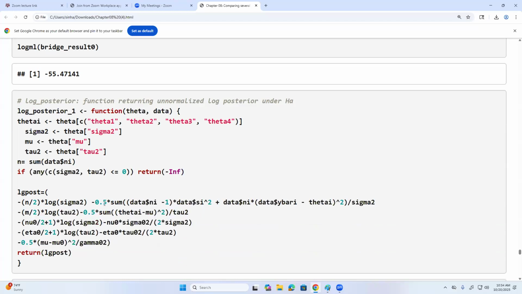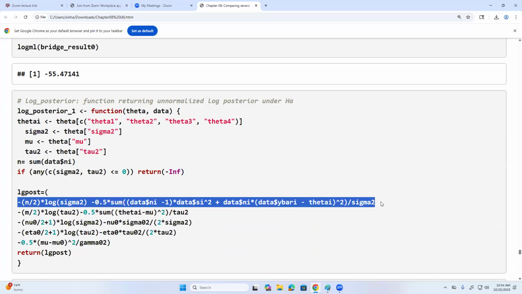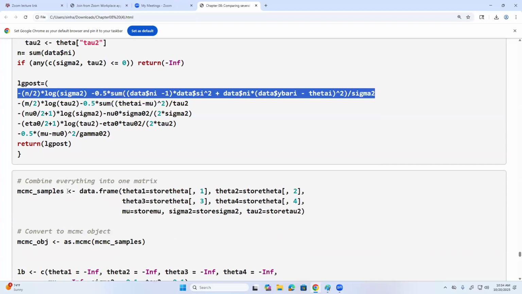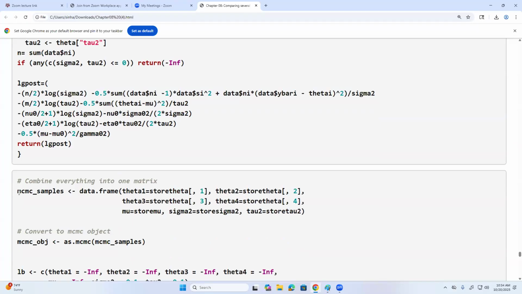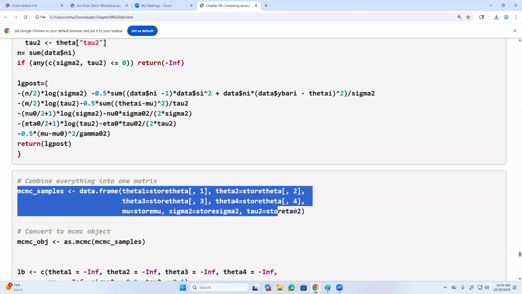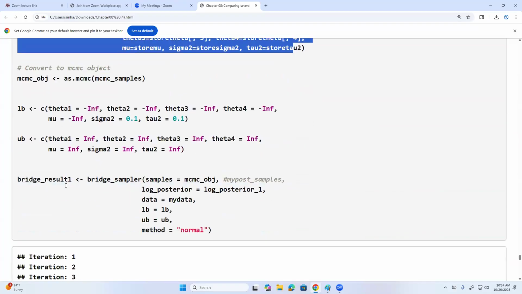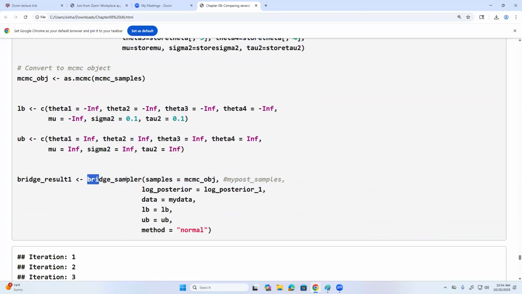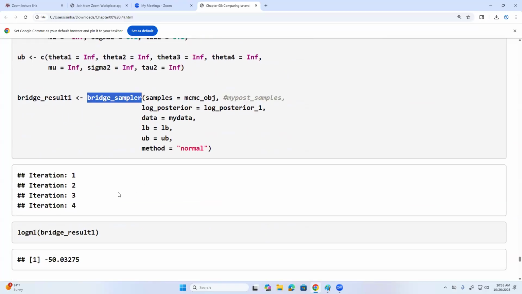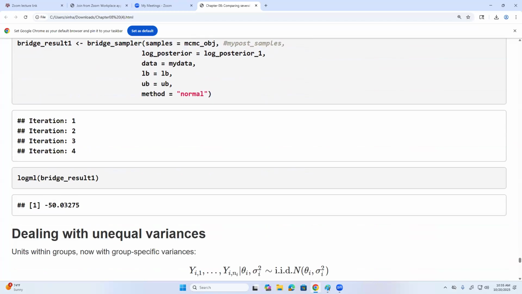What changed is the log likelihood part, the log of the data likelihood given the parameters. Then MCMC samples, again the same thing, lower bound, upper bound, and then the bridge sampler. And you get minus 50.03 as the log of the marginal likelihood.